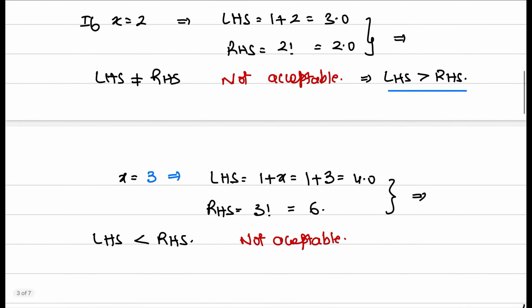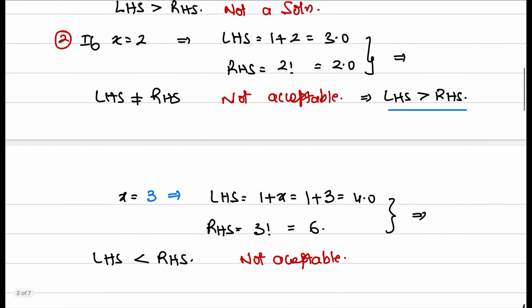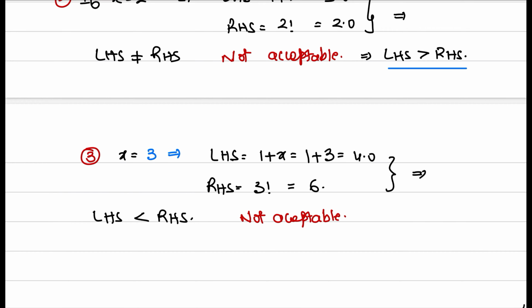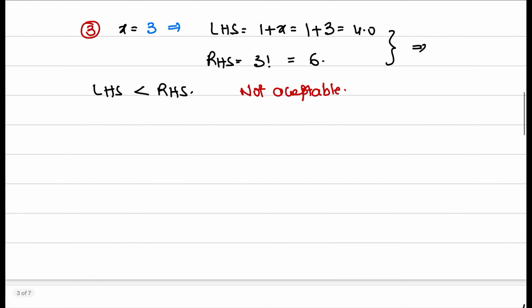This is case 1, this is case 2, this is case 3. From case 2 and case 3, please understand the concept: when x is equal to 2, left hand side is greater than right hand side.